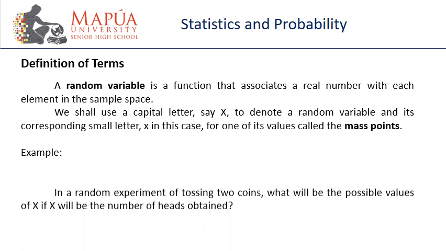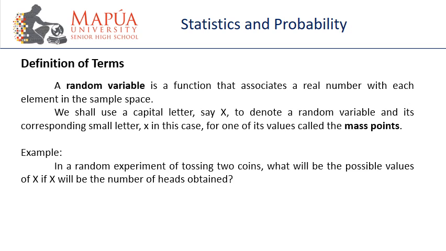Let's say, for example, in a random experiment of tossing two coins, what will be the possible values of capital X if capital X will be the number of heads obtained? By this example, capital X will have four outcomes. From tossing two coins, you have head-head, head-tail, tail-head, and tail-tail.